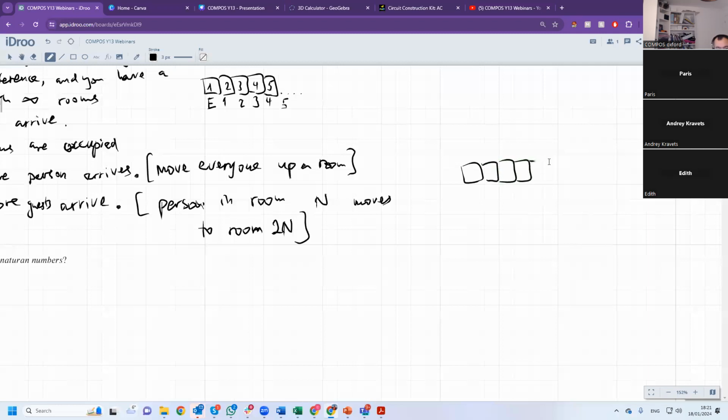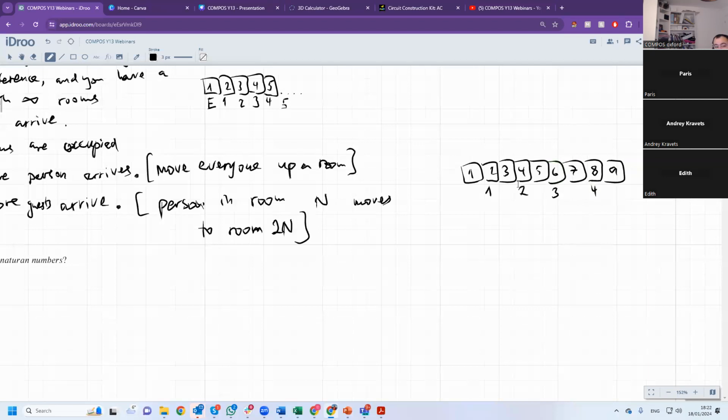So these are the rooms: first room, second room, third, fourth, 5, 6, 7, 8, 9. The first person who was in room 1 goes to room 2. The second person who was in room 2 goes to room 4. The third person who was in room 3 goes into room 6.